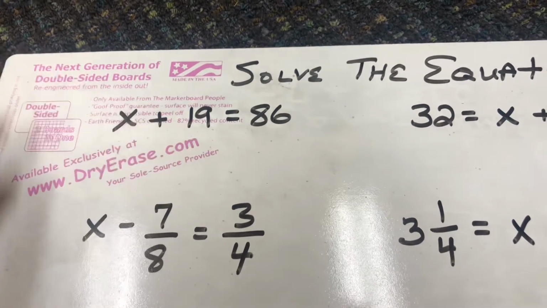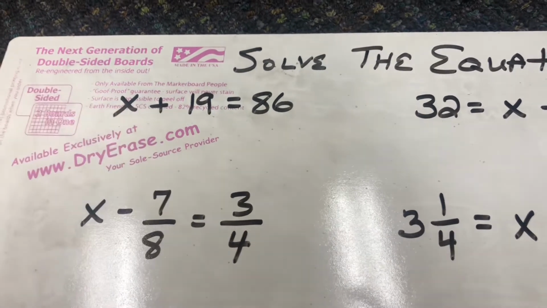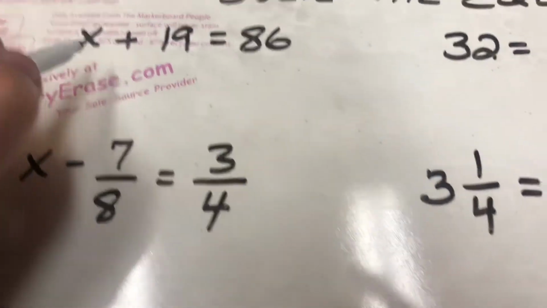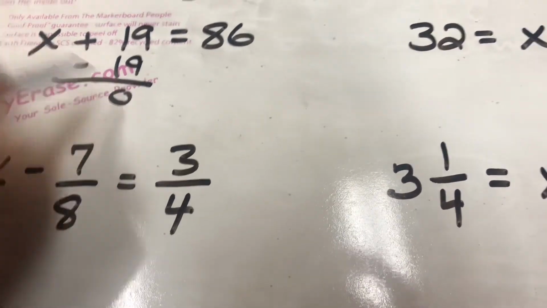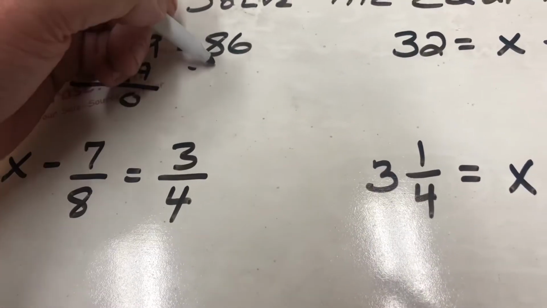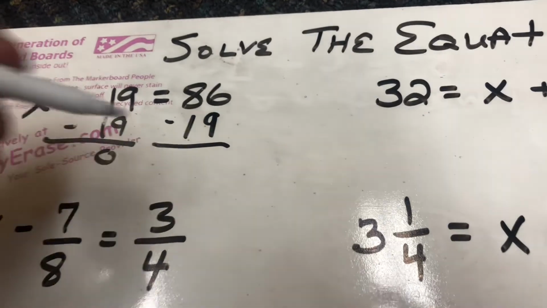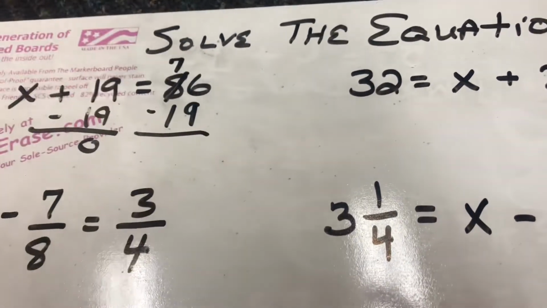X plus 19 equals 86. I want to get x by itself. I get x by itself by getting rid of this plus 19 by subtracting 19. That gives me 0. But if I subtract 19 from this side, I also have to subtract 19 from that side. I can't do 6 minus 9. Cross off the 8, make it a 7.